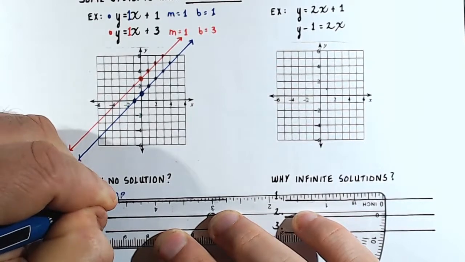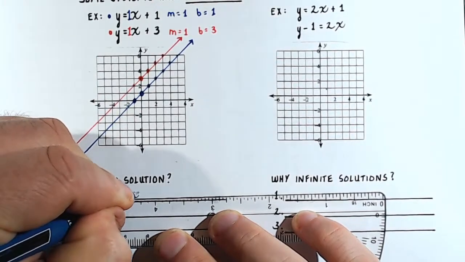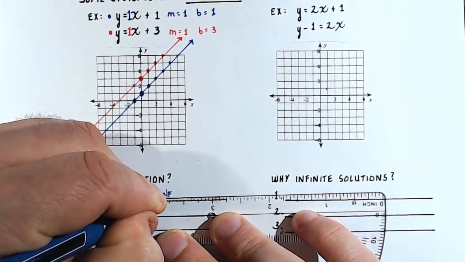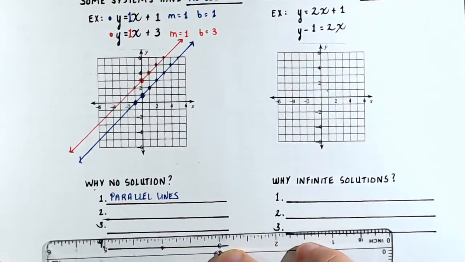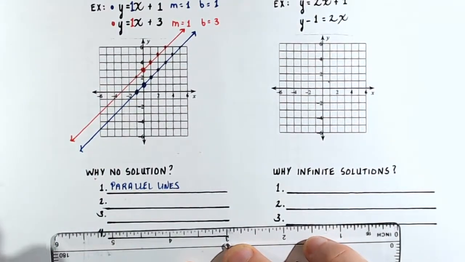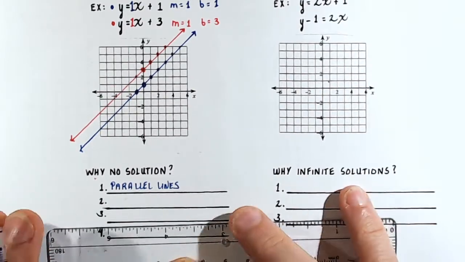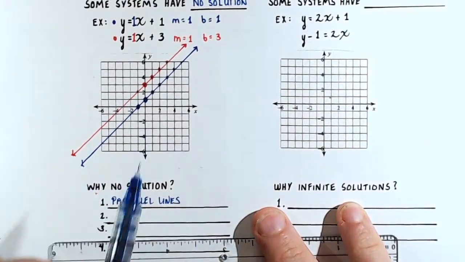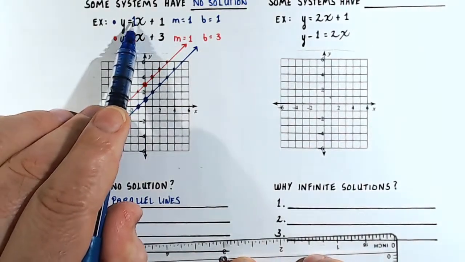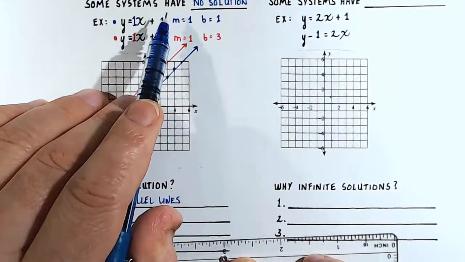I'm just writing parallel lines. So right away there, parallel lines have no solution. That's the big rule. But if you didn't have a graph, how would you know they were parallel? Well, parallel lines have the same slope and different y-intercepts.